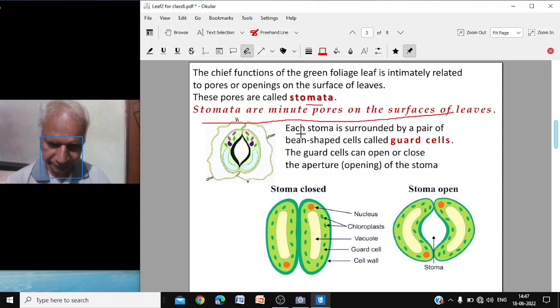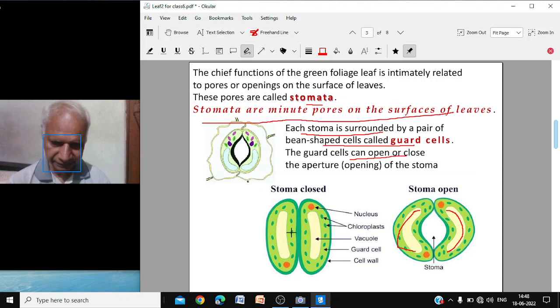Each stoma is surrounded by one pair of bean-shaped or kidney-shaped guard cells. You can see they are kidney-shaped or bean-shaped guard cells, one pair. And they guard the opening or pore of the stoma. The guard cells can close or open the opening or pore, the aperture.